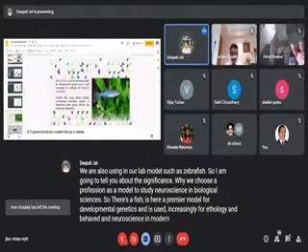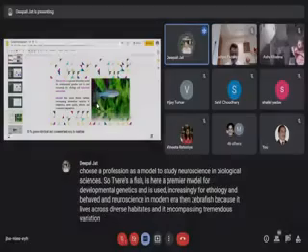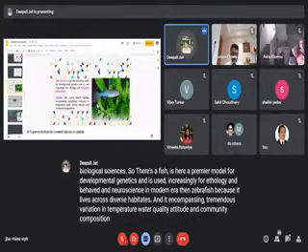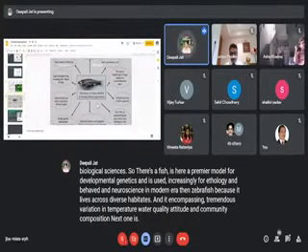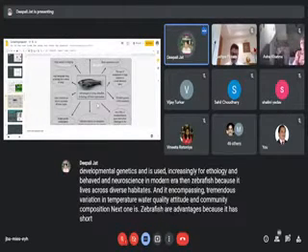Then zebrafish, because it lives across diverse habitats encompassing tremendous variation in temperature, water quality, altitude, and community composition. Next, zebrafish are advantageous because they have a short reproductive cycle. They have a high number of offspring.